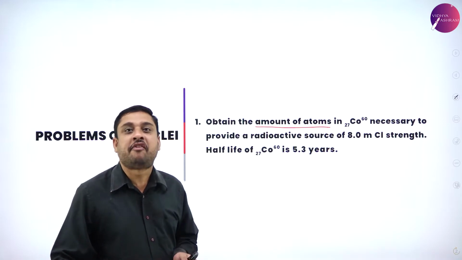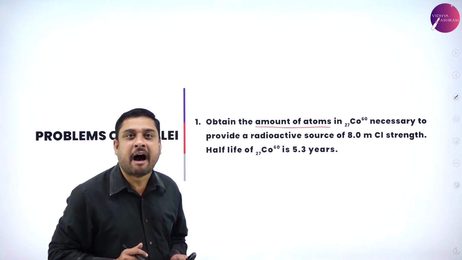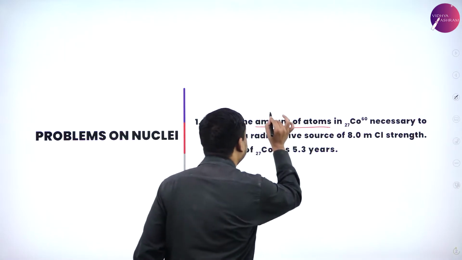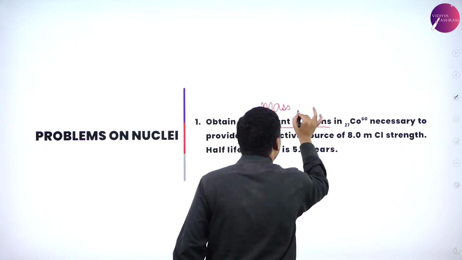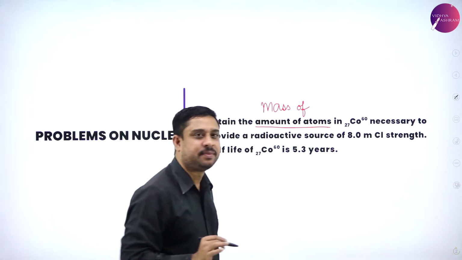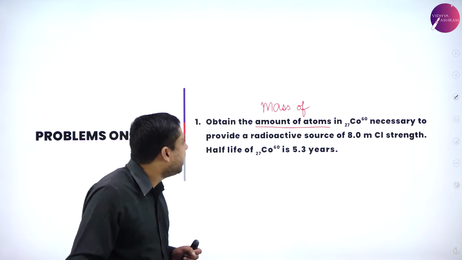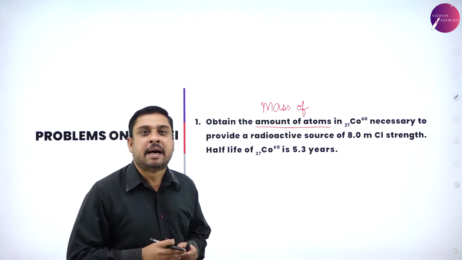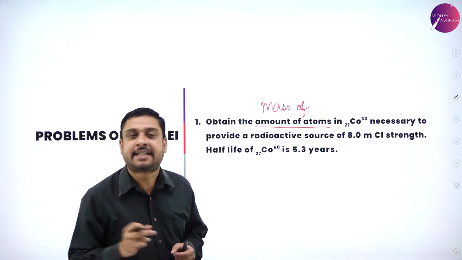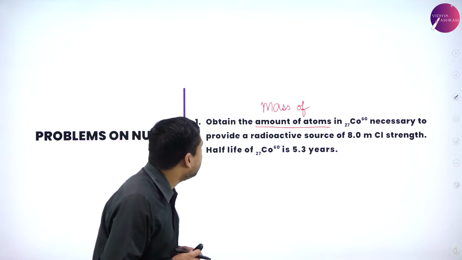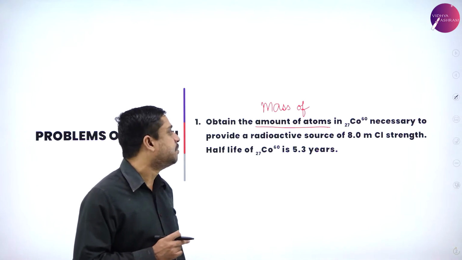Amount of atoms means what? We have been asked to obtain the mass of atoms. Amount of atoms is the mass of atoms. Number of atoms is very much different from the term mass of atoms.